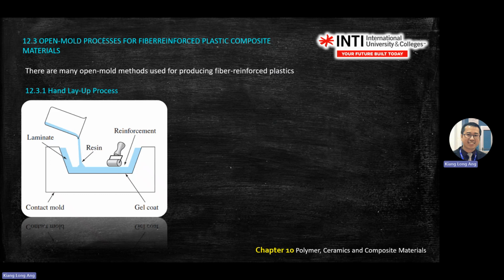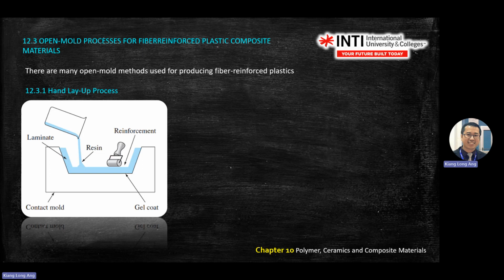You have a contact mold with the shape that you want. Then you pour in the laminate. Before you pour it in, you put in a coating so that it's easier to tear it out. So you spray a coating, and after that you pour in the resin.